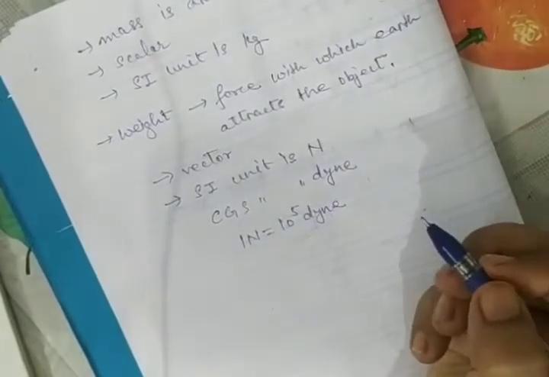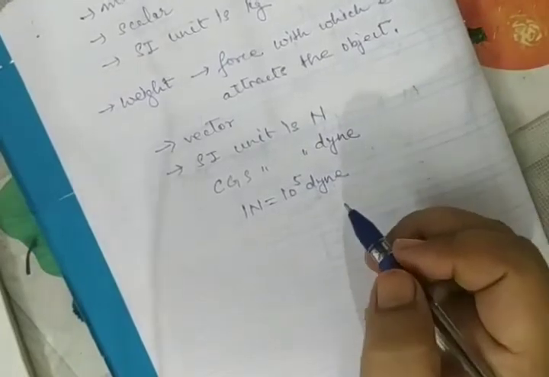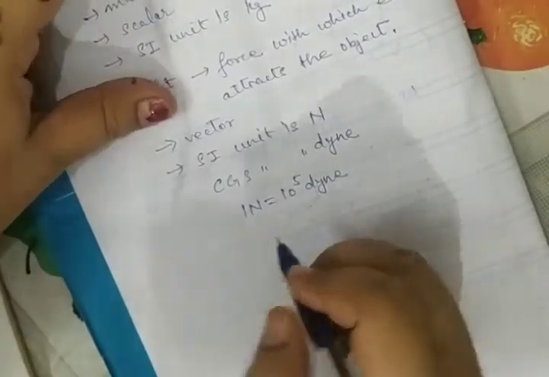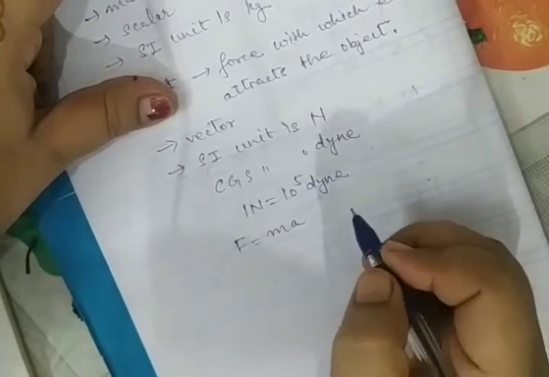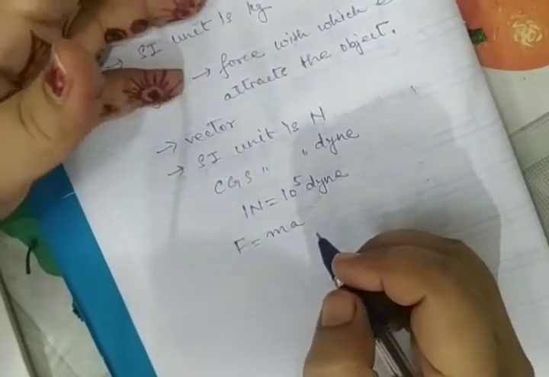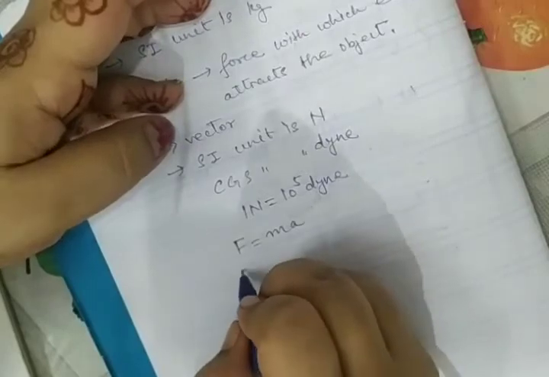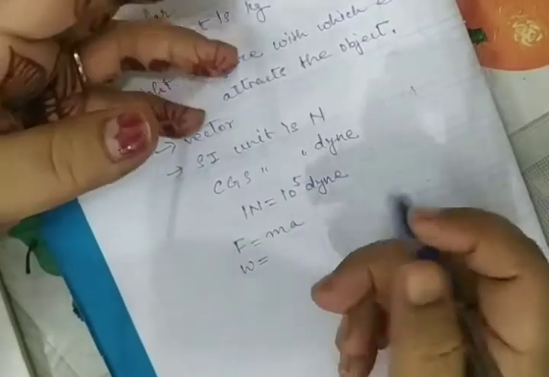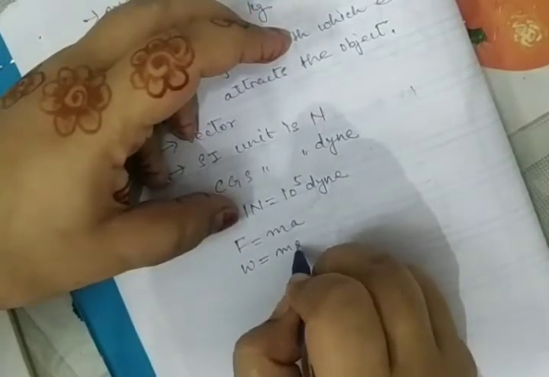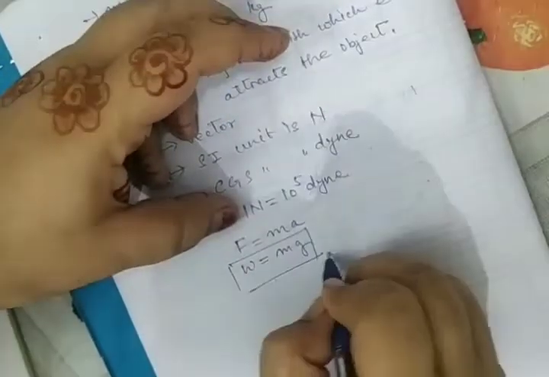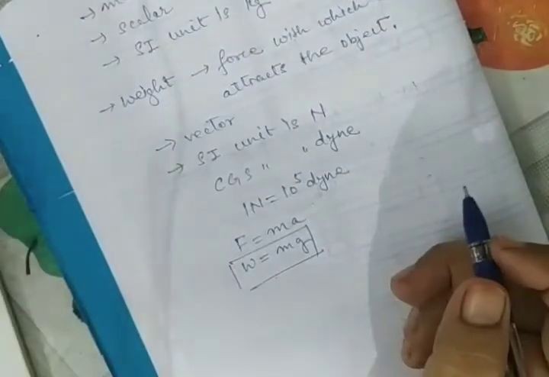These are the things you have to remember also, because you know that F is equal to ma. Okay, for an object kept on earth, you can say that W is the force with which it is attracted by the earth, so W is equal to mg. So weight can be calculated like this.